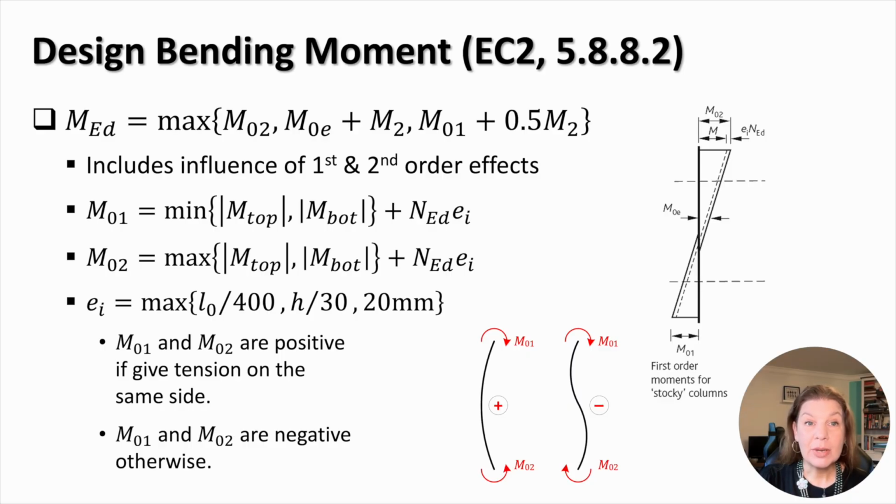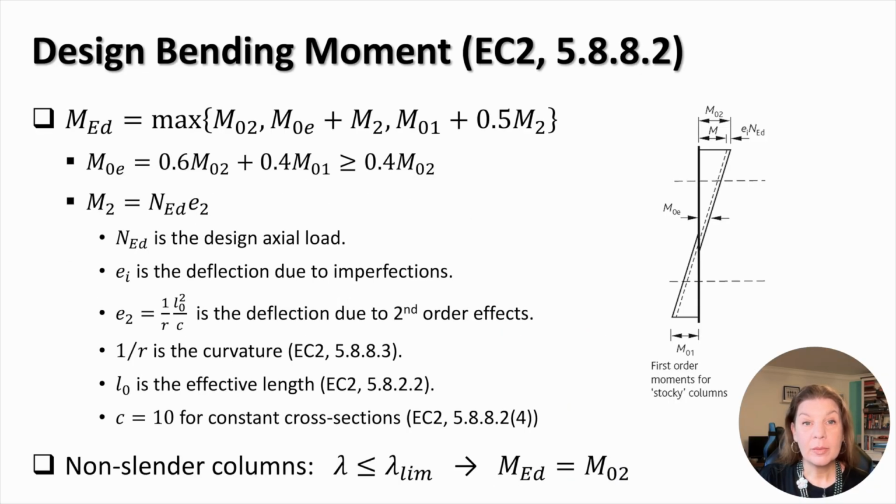The moment produced by geometrical imperfections is calculated as the design axial load times the deflection due to imperfections, where the latter is found as the maximum value between the column effective height over 400, column depth over 30, or 20 millimeters. One of the moment combinations includes the sum of 60% of the maximum and 40% of the minimum end moments, plus the moment produced by imperfections.